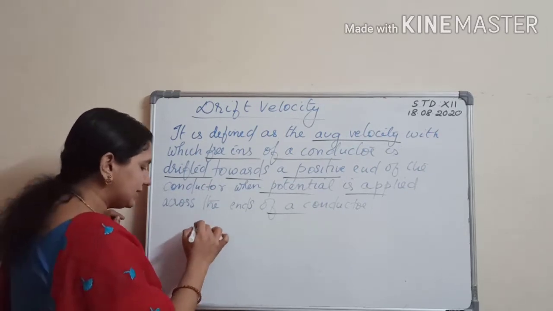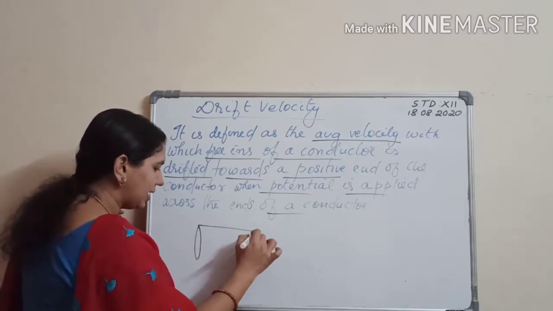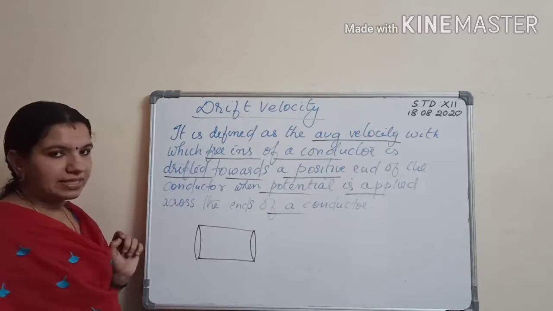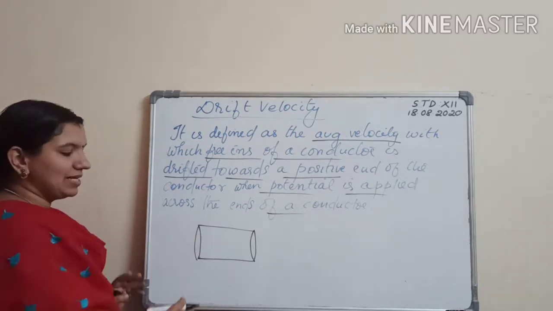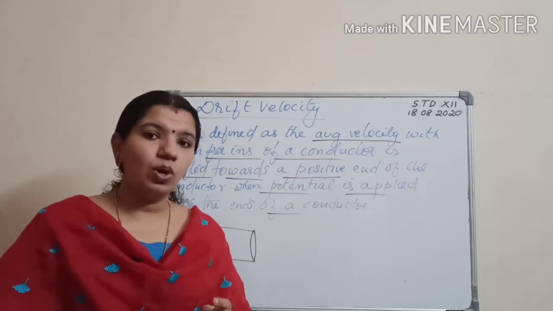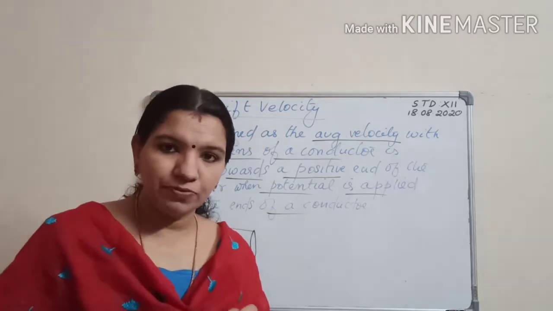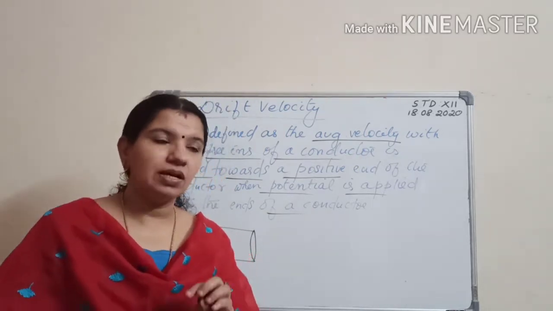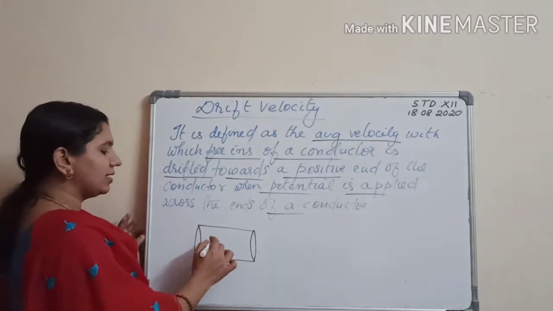Let us consider a metallic conductor first. This metallic conductor consists of a large number of free electrons. As you know, the free electrons are responsible for conduction in a metallic conductor, and these free electrons are in random motion.